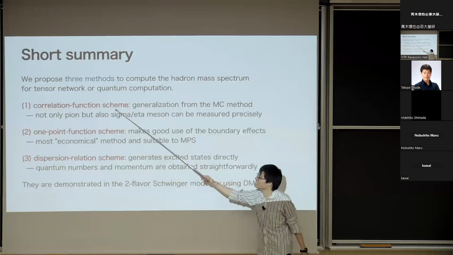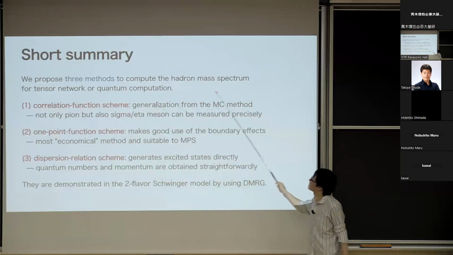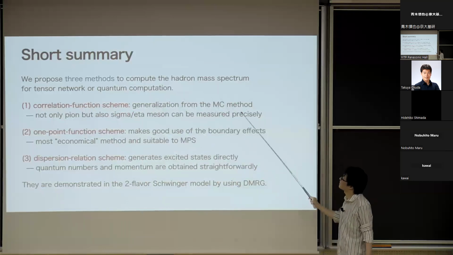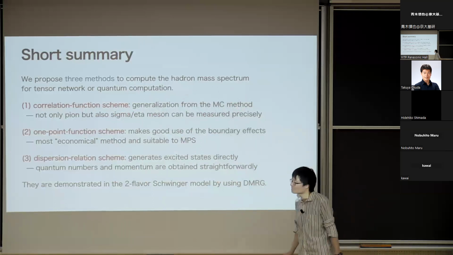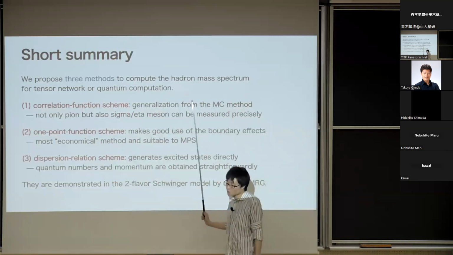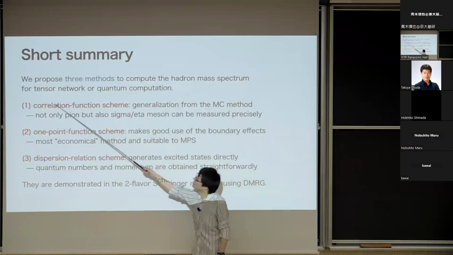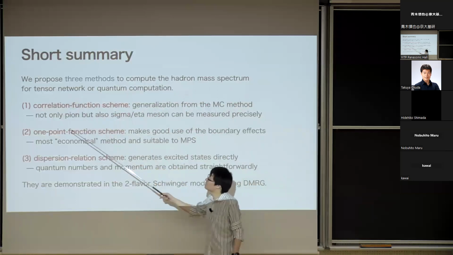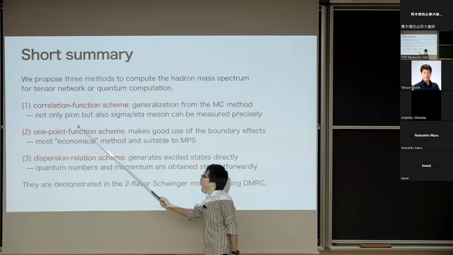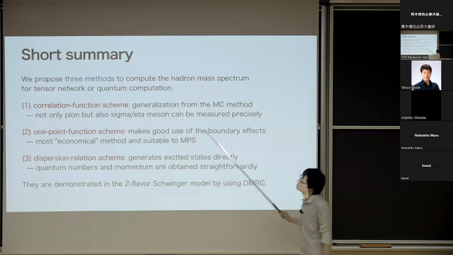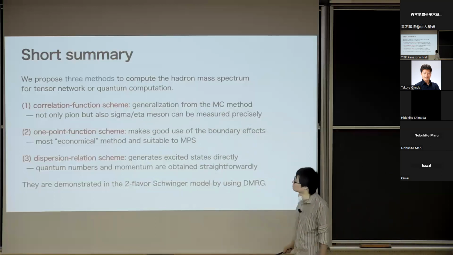As the name suggests, this method is a generalization of the usual correlation function technique in Monte Carlo. But compared with the Monte Carlo case, tensor networks don't have statistical error. So in fact, not only the pion, but also the sigma and eta mesons can be measured precisely without statistical error. This is one of the nice points.